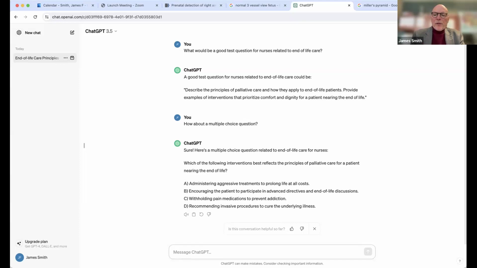ChatGPT gives us that a patient is nearing the end of life. I wonder if we could create a narrative for which it is obvious the patient is nearing the end of life, for which the learner would have to recognize that and then pick an answer that best reflects the principles of palliative care.